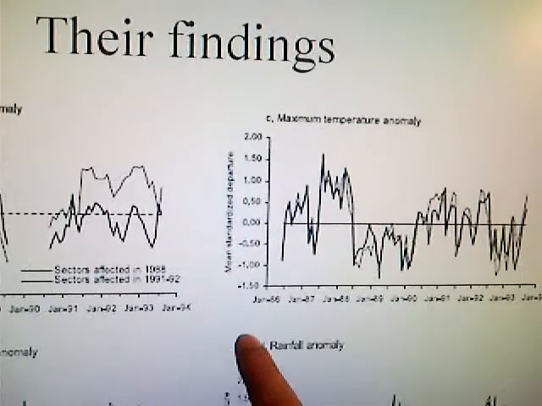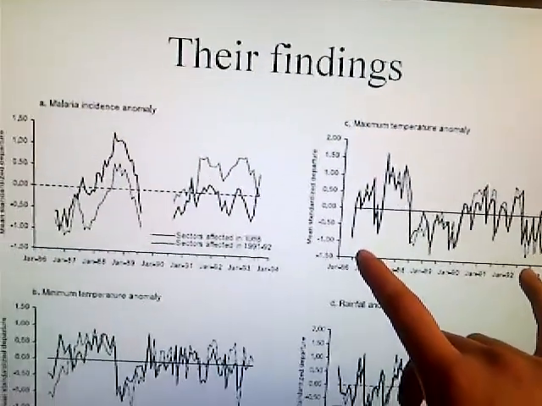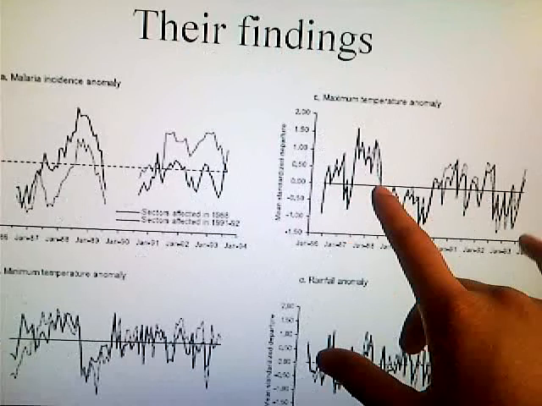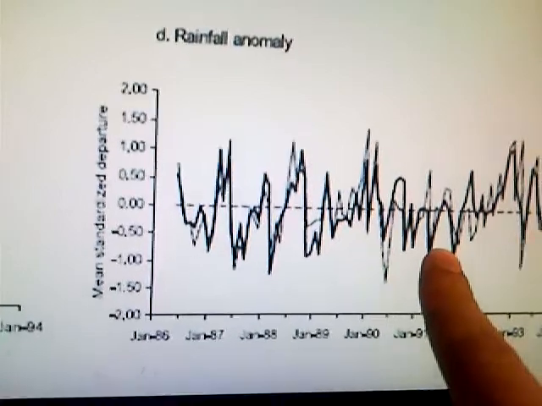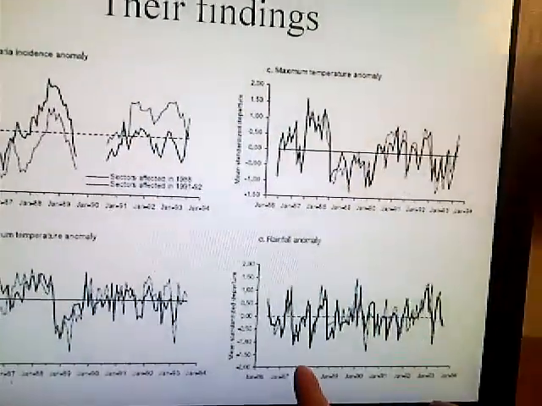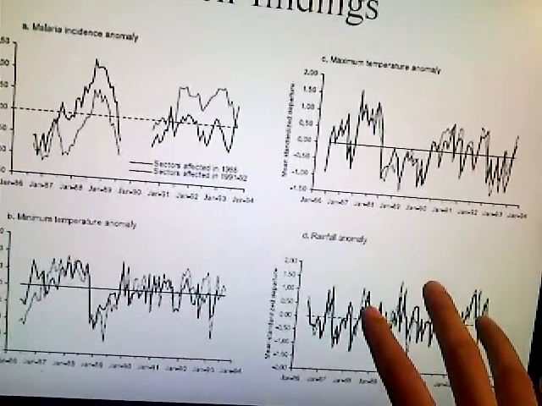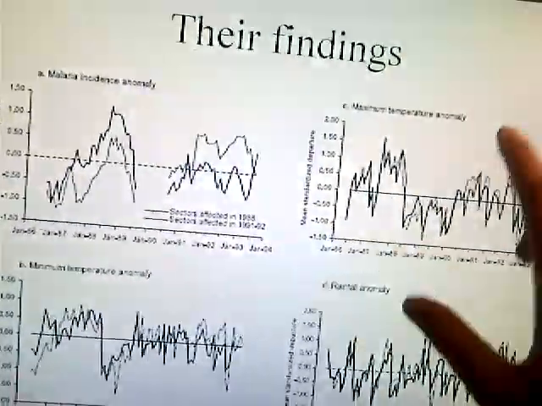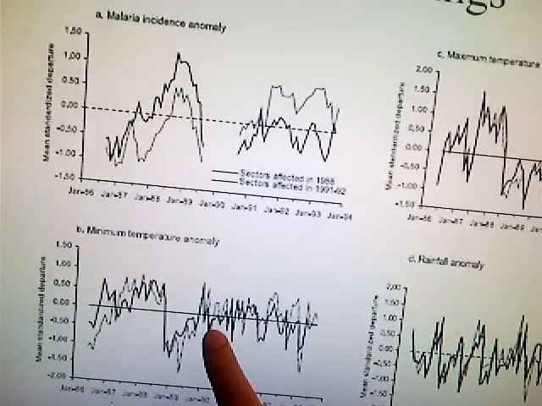They couldn't find that big of a correlation with the years, but that's what they performed tests, and that's what they concluded. Rainfall with malaria cases. They also didn't find any strong evidence, but they did find that rainfall anomaly has a bigger impact than the increase in maximum temperature. But this has the most impact. The increase in minimum temperature has the most impact on malaria cases.